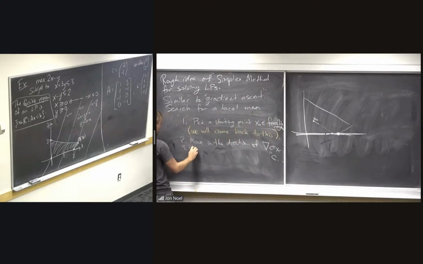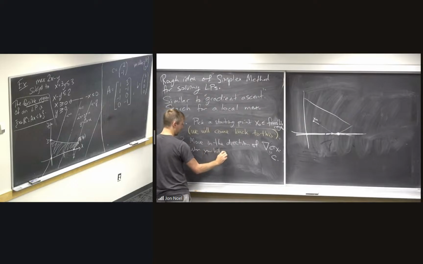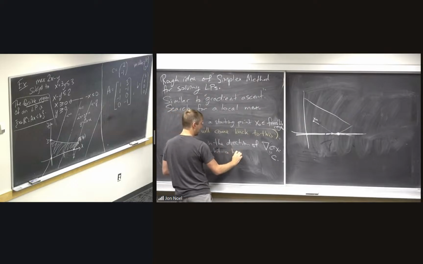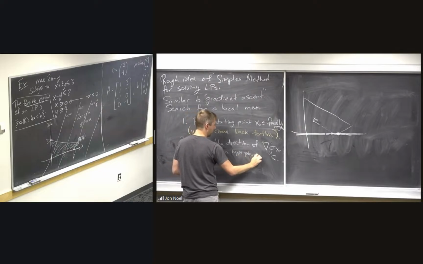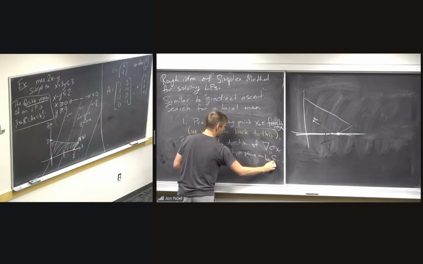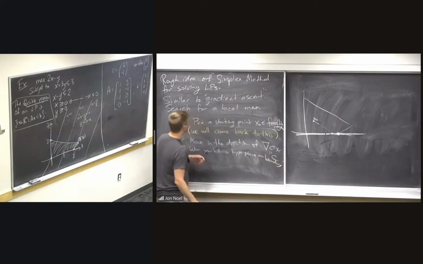When you hit the side, when you hit a hyperplane, let's say, on the boundary. None of this is precise, like I said, this is a rough idea of the simplex method. Basically, once you hit some kind of hyperplane, you restrict the objective function to that hyperplane, and you compute the gradient, and you walk in that hyperplane.